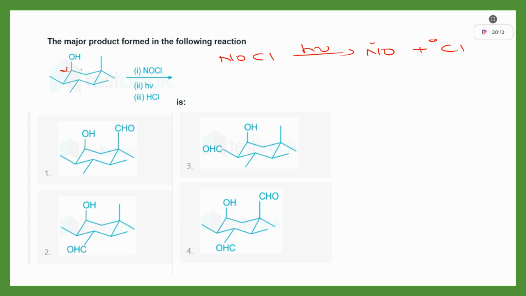So we have right now studied alpha, beta, gamma, delta. Delta is here, delta is here also. But the most accessible hydrogen is delta because it is in alignment, right? From here, first ONO will form, then O dot will form, then hydrogen will be abstracted. Let me write it clearly for your understanding.